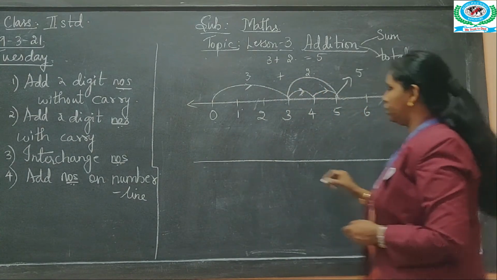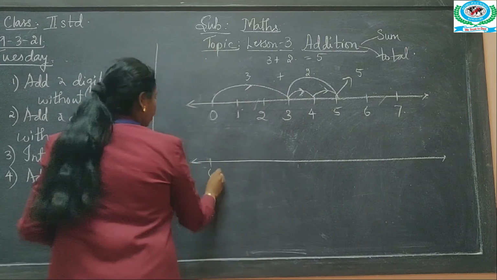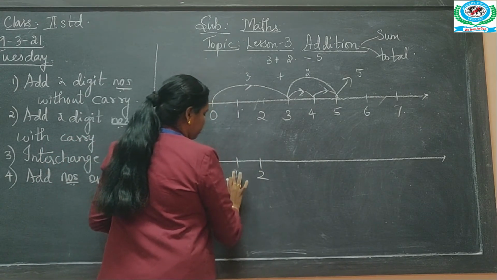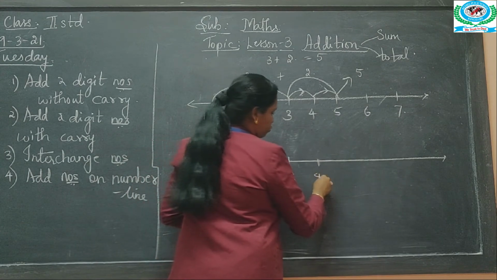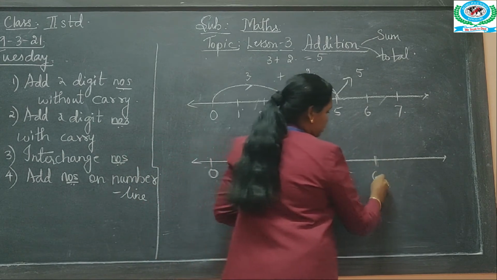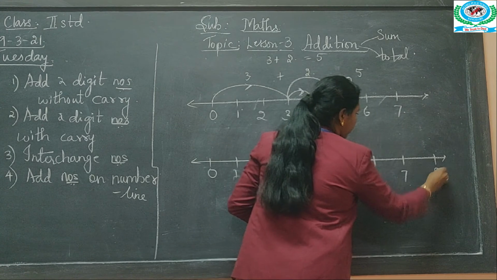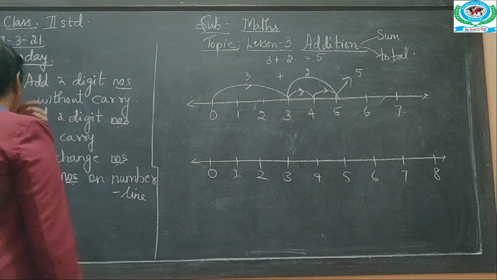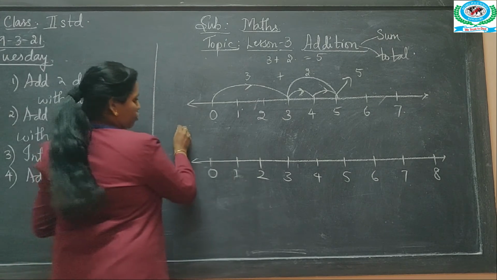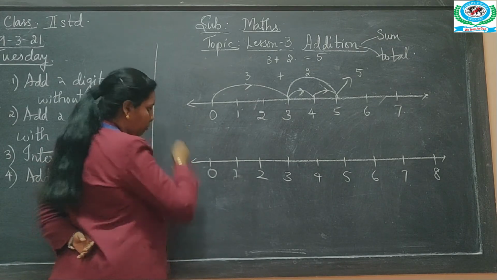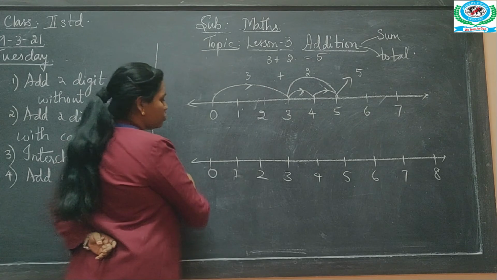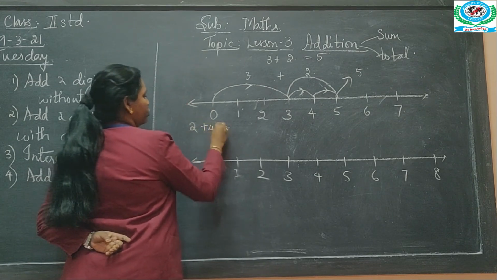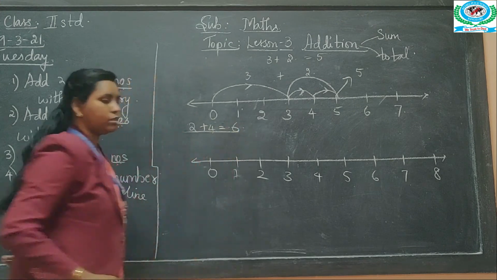For example, 0, 1, 2, 3, 4, 5, 6, 7, 8. Here I will take 2 and 4. 2 and 4, we know, gives us 6.